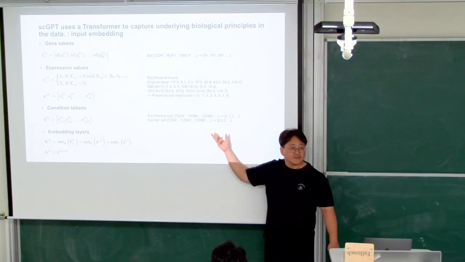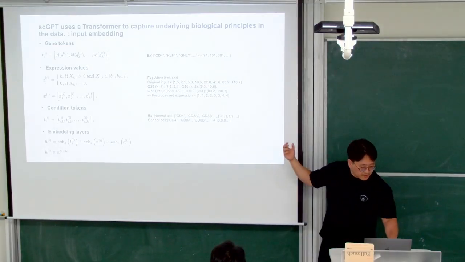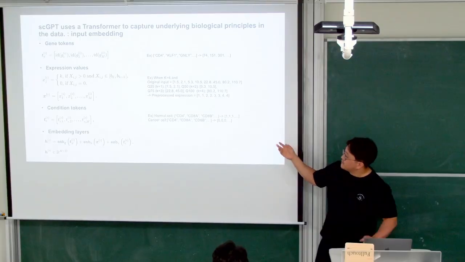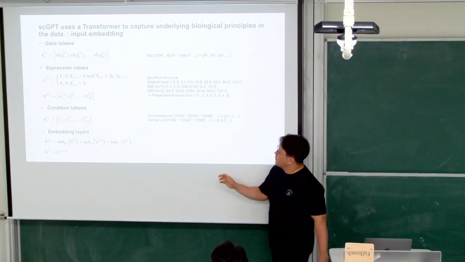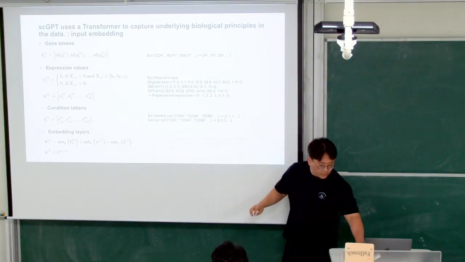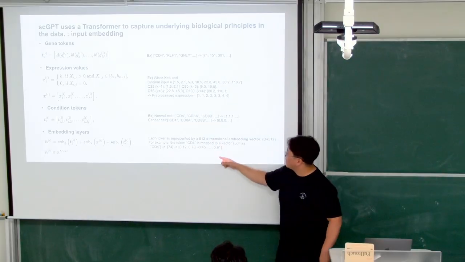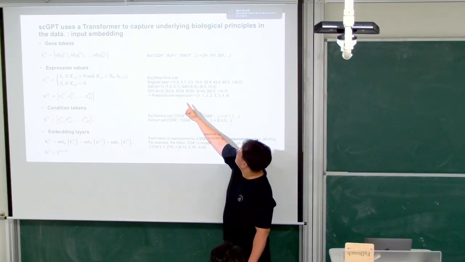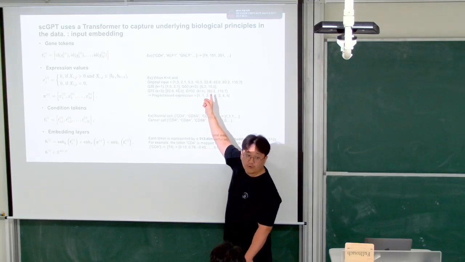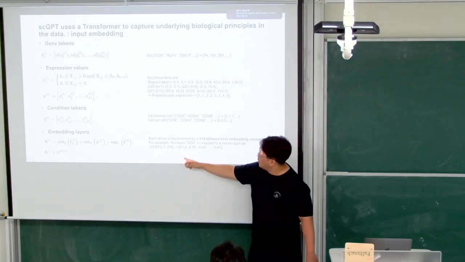So we have the same dimension for each quantity, and then we will change these integers into vectors. For example, the CD4 name token is converted to 74.